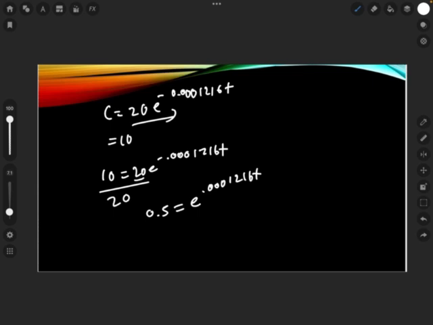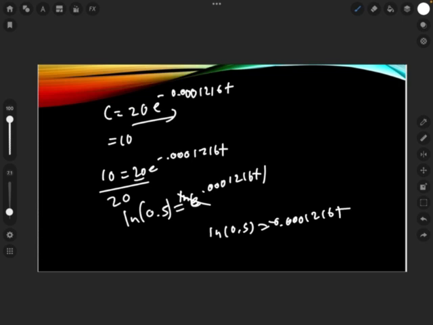negative 0.0001216t. Then we find the natural log, since we still have to get rid of e. So we do ln here, ln here. This cancels the e out completely. So we're left with the natural log of 0.5 equals negative 0.0001216t.